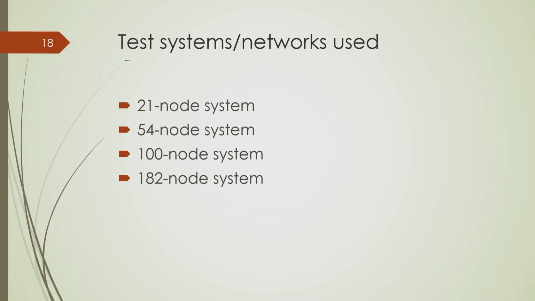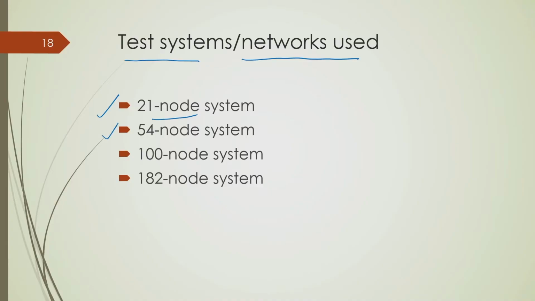Now, we have to verify these planning problems on certain systems. Here we have taken 4 test systems or 4 test networks. One is a 21 node system, that means the network has 21 nodes or buses.